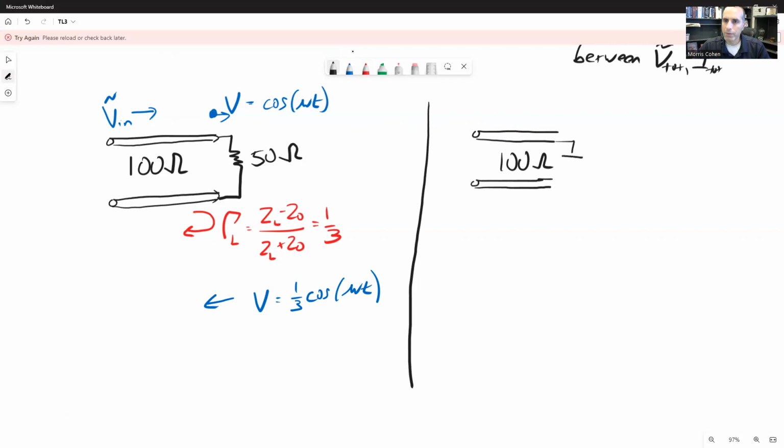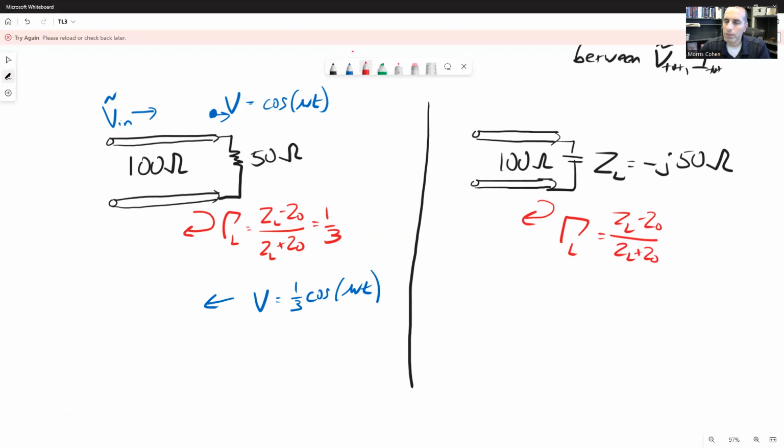And let's say we have a capacitor on the load for which ZL equals minus j times 50 ohms. We can figure out what that reflection coefficient at the load is in the same manner as before. Gamma L equals ZL minus Z0 over ZL plus Z0. And this works out to be negative j.